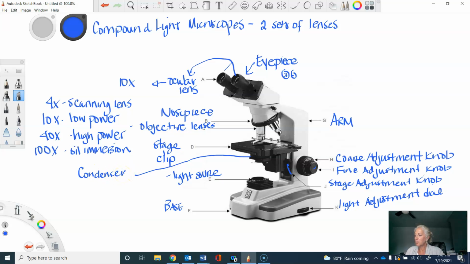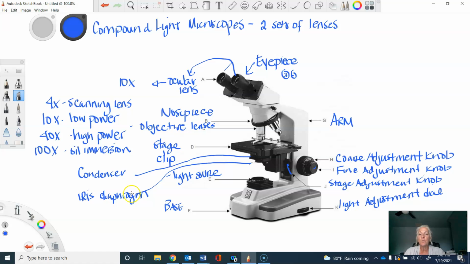The condenser basically directs the beam of light into your specimen. What helps control that is the iris diaphragm. The iris diaphragm controls the amount of light that passes through that specimen.